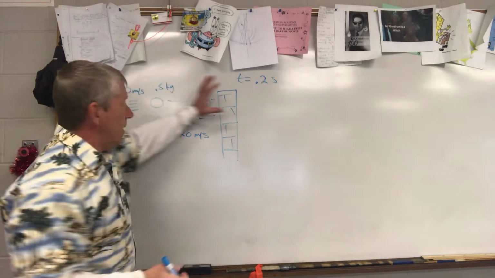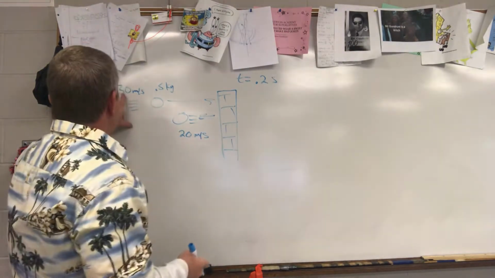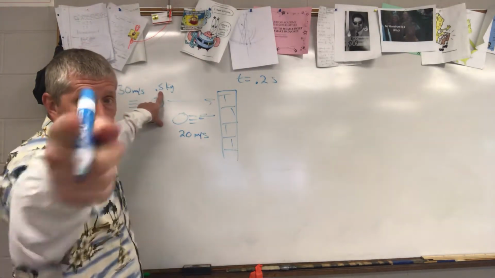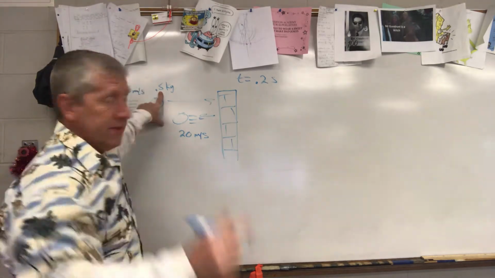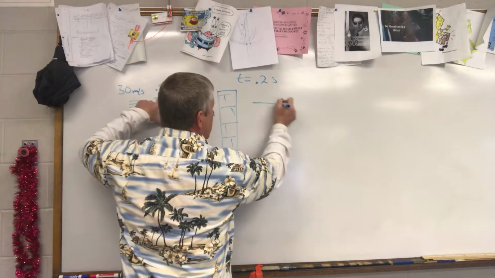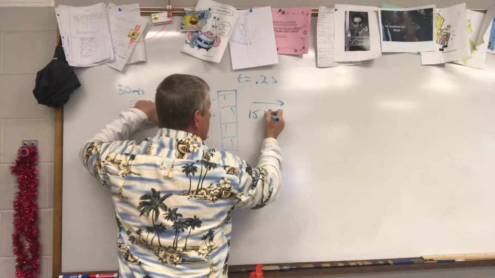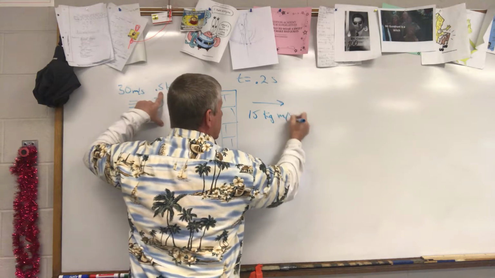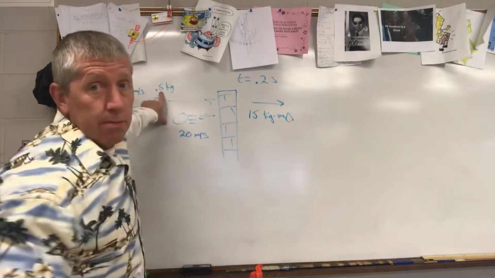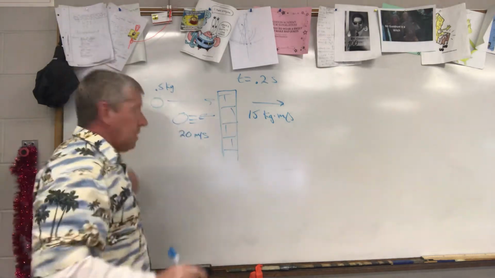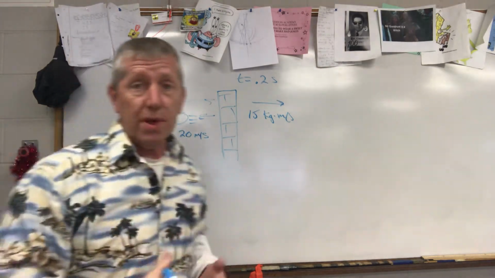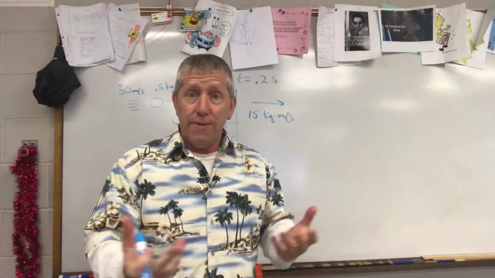Okay, the momentum going to the right, 30 times 0.5, do the math, 30 times a half, 15. So going to the right, it has 15 kilogram meters per second of momentum. Going to the left, you want to get the change. So to get the change, you got to know two different things.